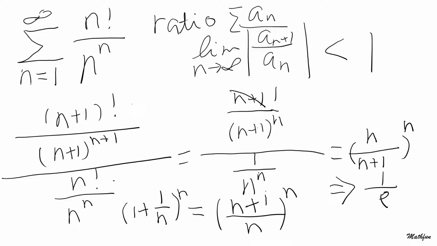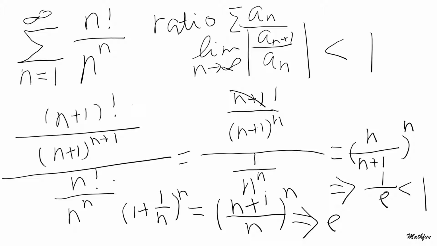Now you look, these two are reciprocals of each other, isn't it? And this one approaches e. That's why this one approaches 1 over e. And we know e equals 2.71828, etc. So this one is definitely smaller than 1. And that tells you that the sum of this infinite series converges.